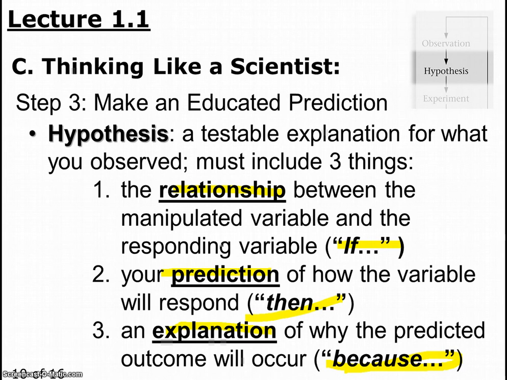Something like that. That's obviously not very smooth, but that's what we're looking for with an if, then, because statement. And a hypothesis does not necessarily have to include the words if, then, because, but it does need to convey the relationship, the prediction, and the explanation of what you're intending for your experiment.